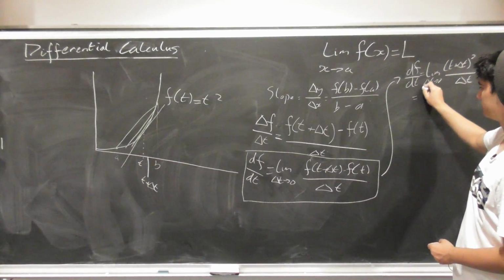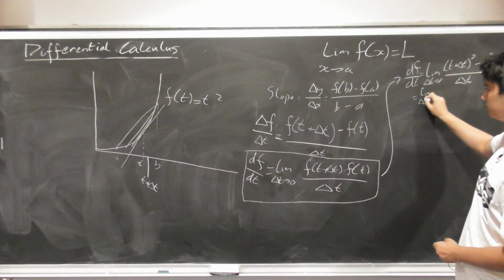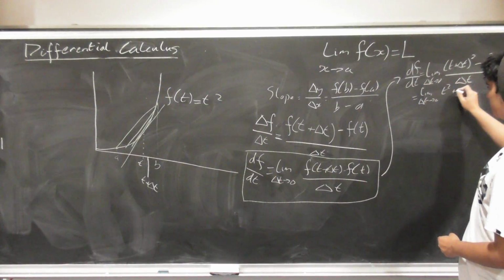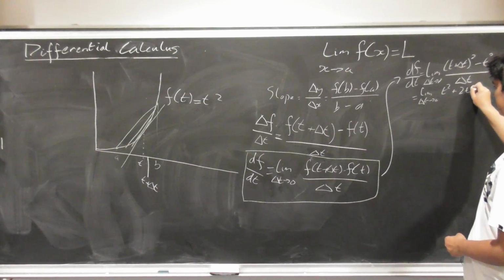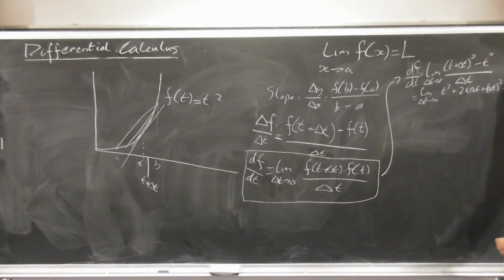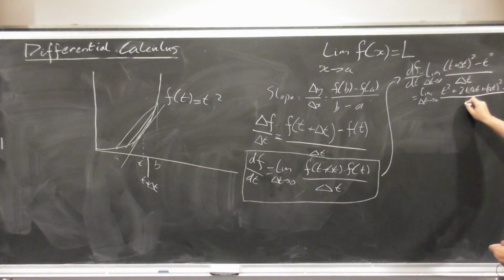We can evaluate this out. We'll get the limit as delta t goes to 0 of t squared plus 2t delta t plus delta t squared minus t squared all over delta t.